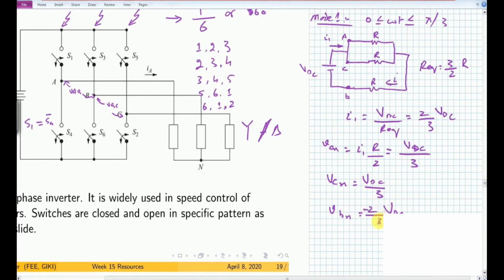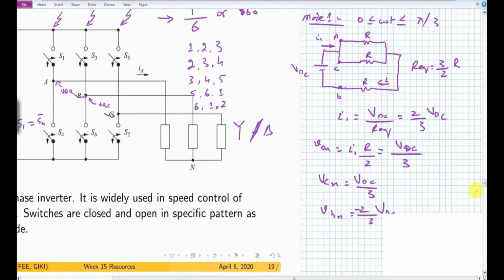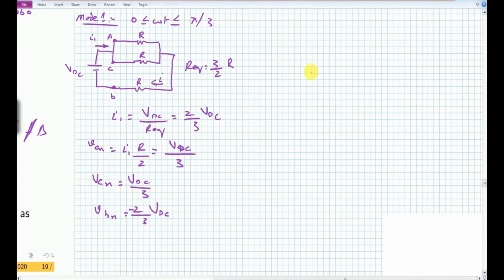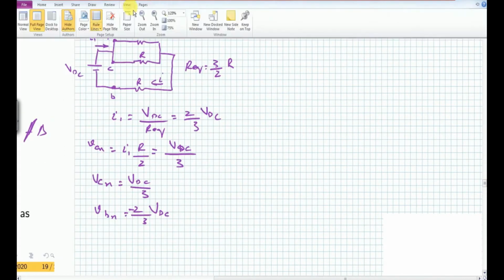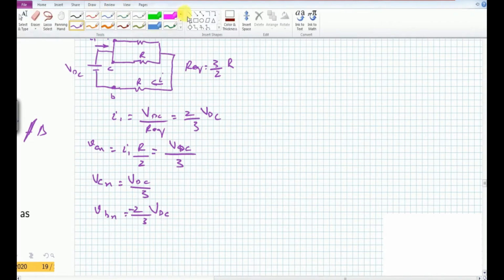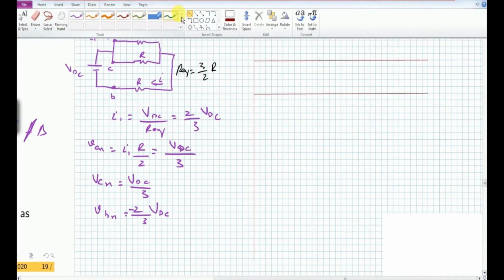Let us at the same time draw some waveforms here as well, so that we can see it in a better way. Let us draw the first waveform with the red color.